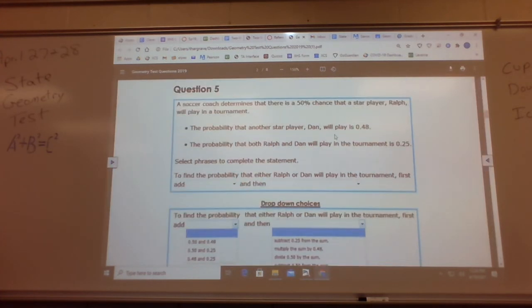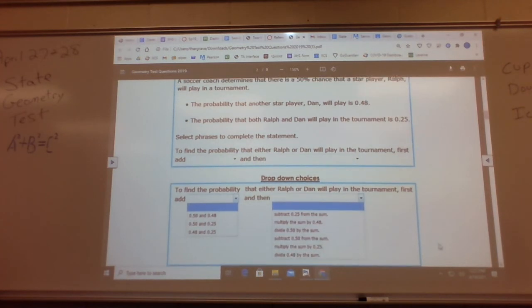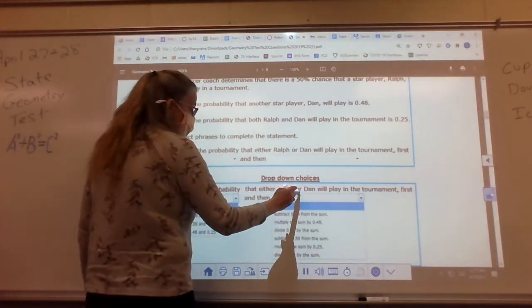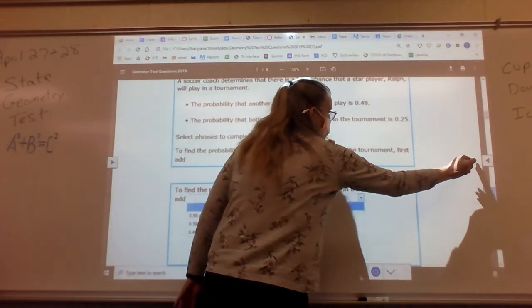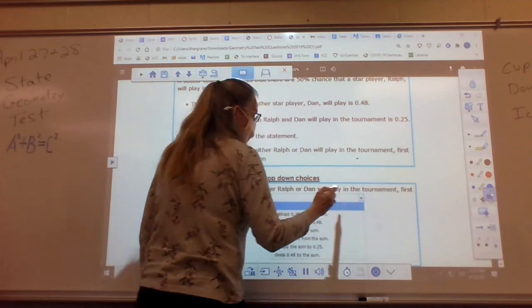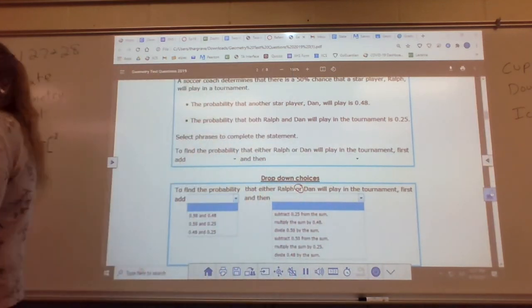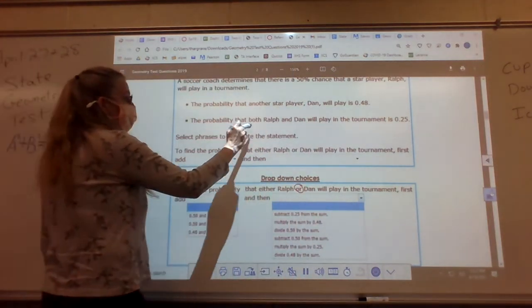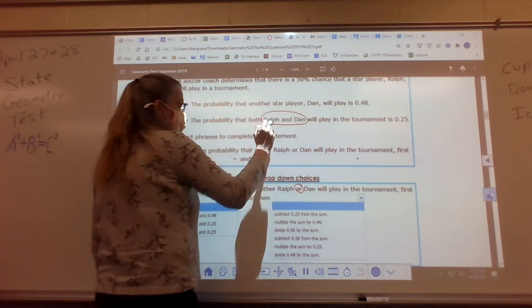So they give us some information. It says to find the probability that either Ralph or Dan will play in the tournament, first add something and then do something else. Well, this particular formula was on our formula sheet because it said Ralph or Dan, and we had an overlap, Ralph and Dan.